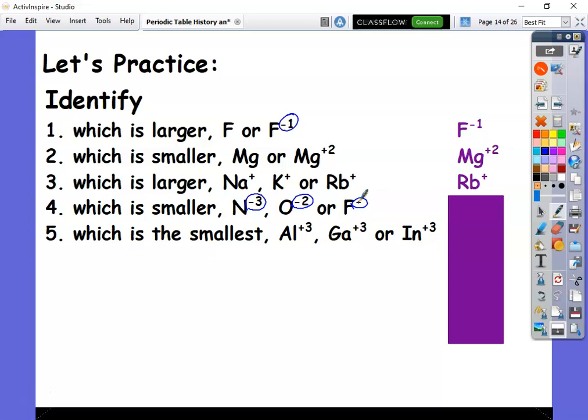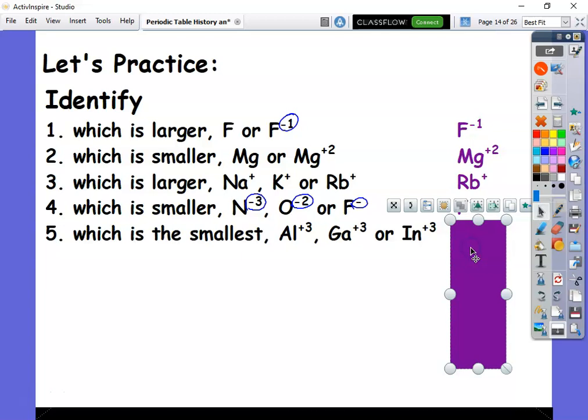And so when it comes to determining what is smallest, if we look at the periodic table, we'll find our answer. Nitrogen, oxygen, fluorine are in the same row. Nitrogen is furthest to the left, oxygen is in the middle, fluorine is furthest to the right. And fluorine, being furthest to the right, has the greatest effective nuclear charge, and so therefore it has the smallest ions.